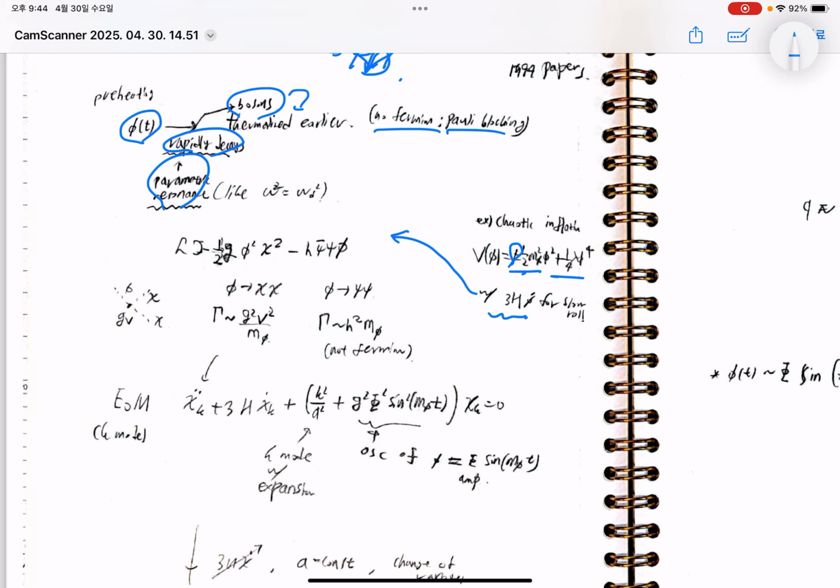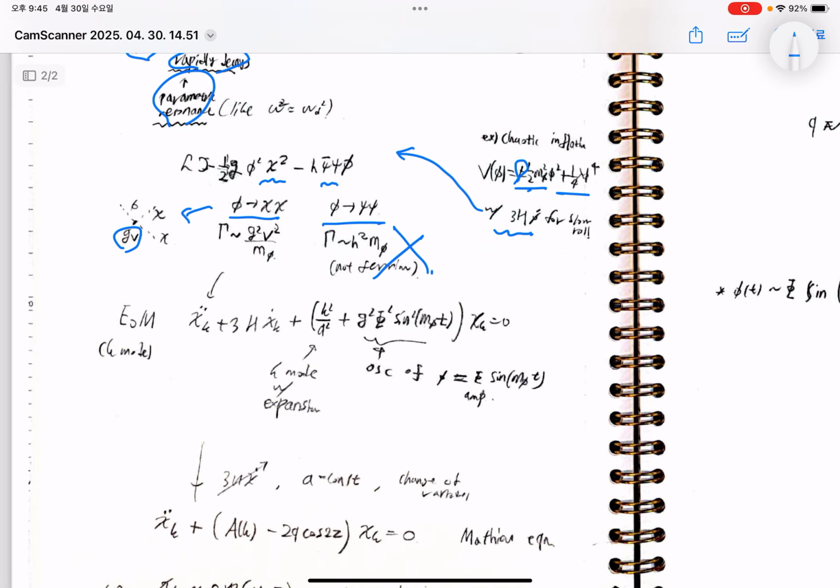And such an inflaton field phi is coupling to the boson field chi or the fermion field psi. So the inflaton can decay to two bosons, phi to chi chi, or decay to the fermion, to psi psi. And by considering the coupling, for example in the boson case, it will be g squared phi squared chi squared, because the one vev of the one inflaton field gets the mass, but we will not discuss the fermion in this case.